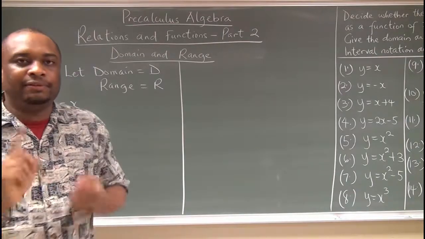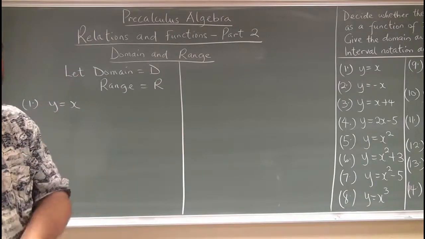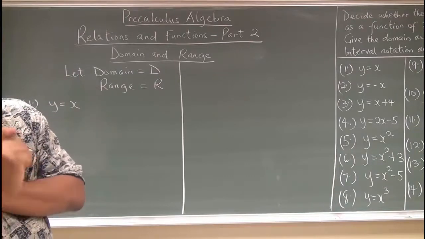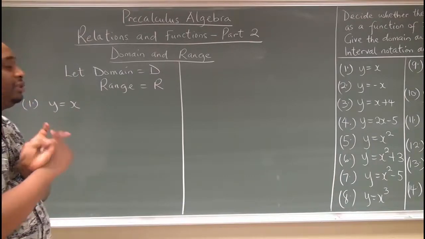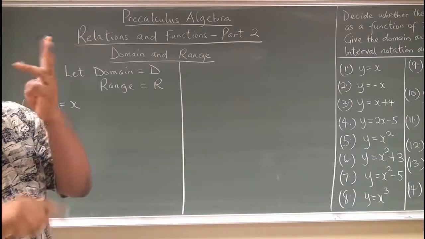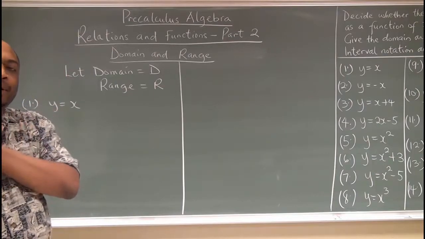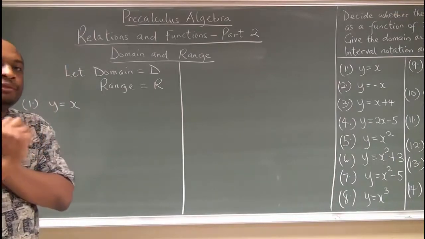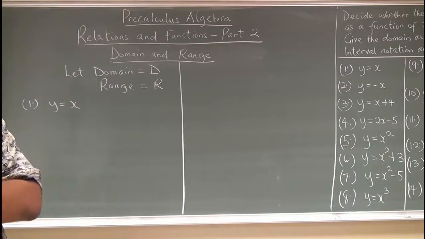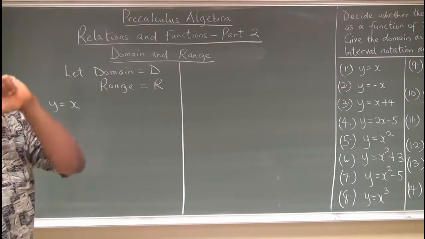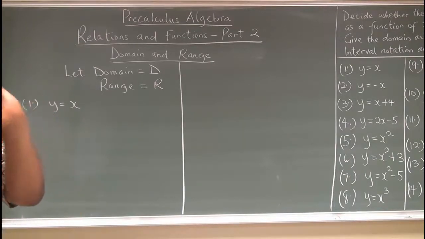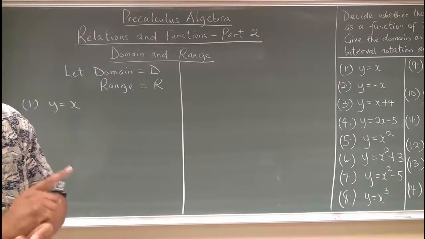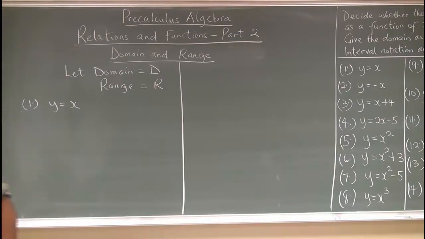First of all, we have to find out whether the relation is a function or not. Question 2, find the domain of the relation in set notation. Question 3, find the domain in interval notation. Question 4, find the range in set notation. And question 5, find the range in interval notation. So take note of this: for each question, there are 5 things you have to do.